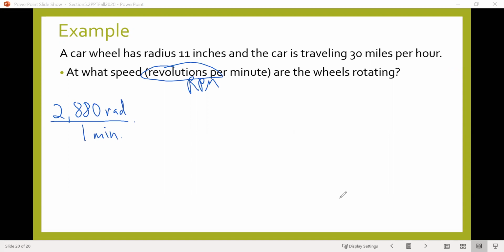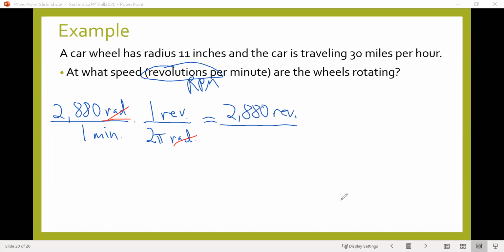And recall a revolution, well, that's a full rotation around a circle, right? So one revolution, if we want to relate that to radians, well, kind of like we saw with one of the steps on the previous one, one revolution is the same as 2 pi radians. And so when we do that, the radians can cancel, we can multiply straight across, so we'll end up with 2,880 revolutions over 2 pi minutes.